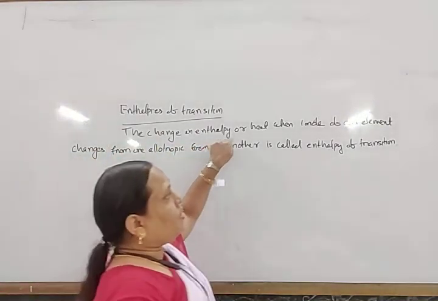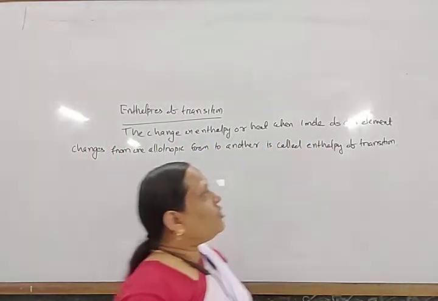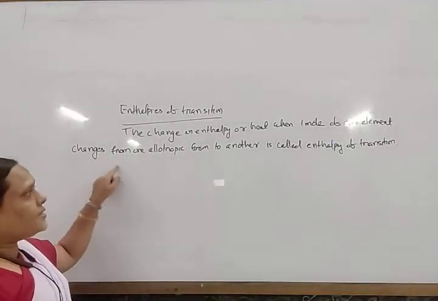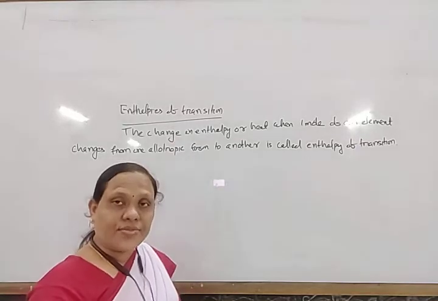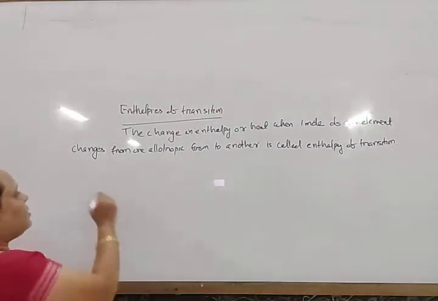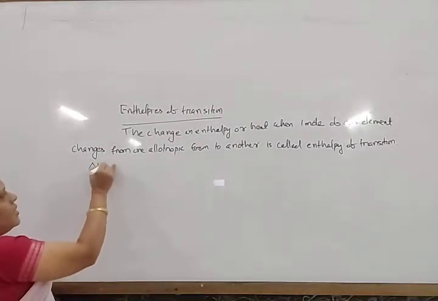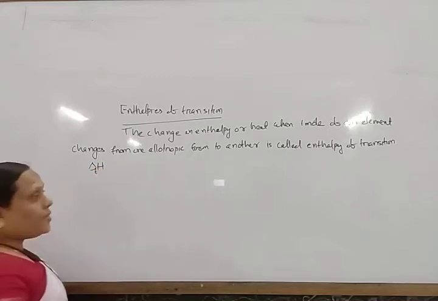The change in enthalpy or heat when one mole of an element changes from one allotropic form to another is called the enthalpy of transition, represented as ΔH_T.